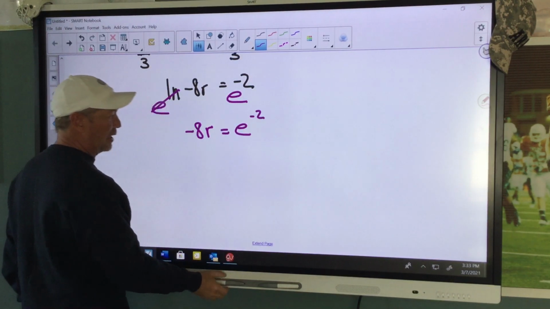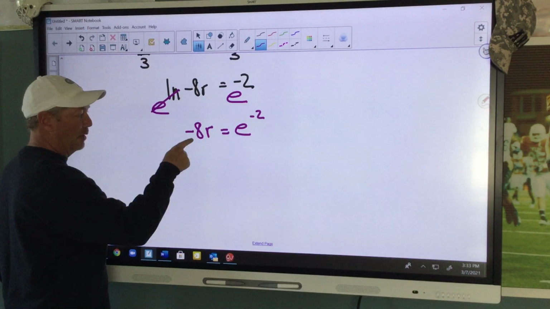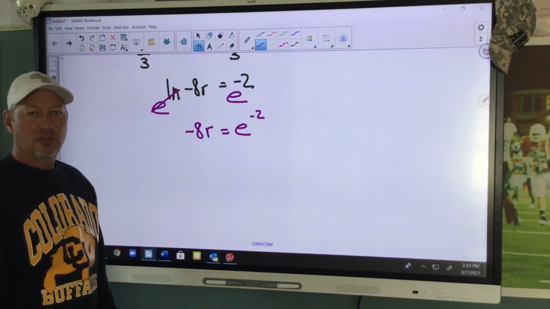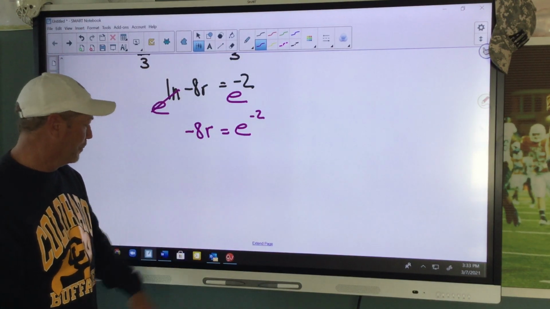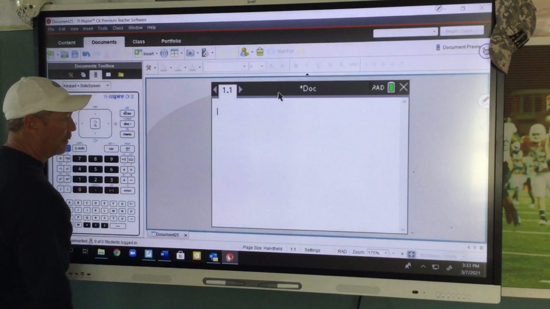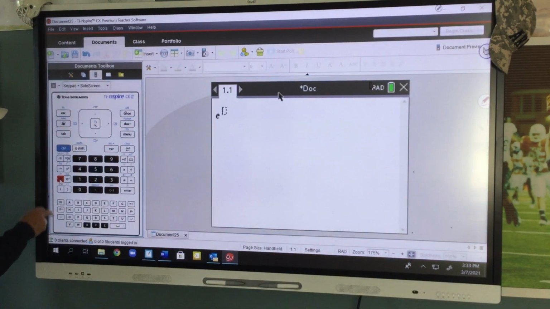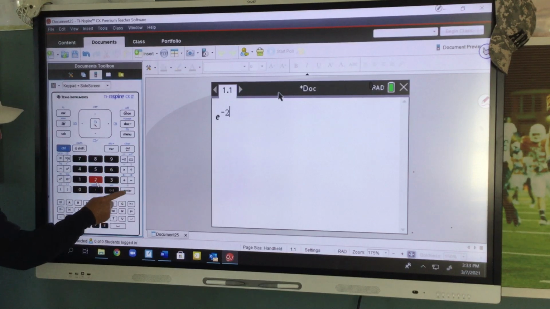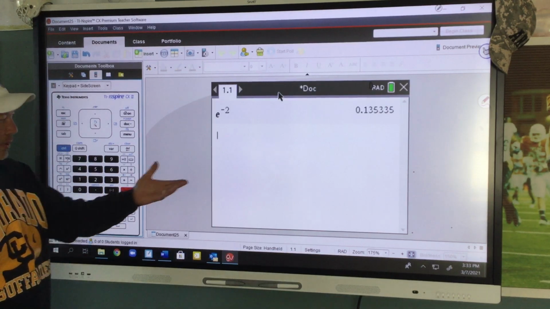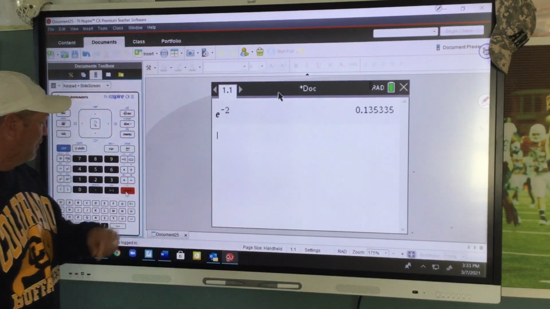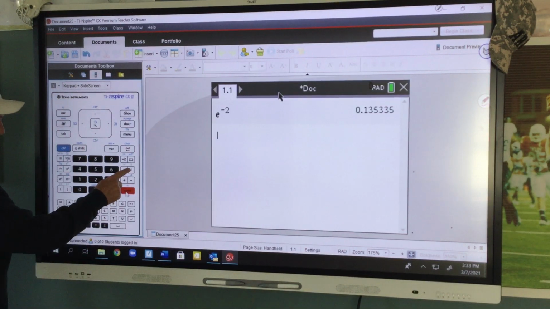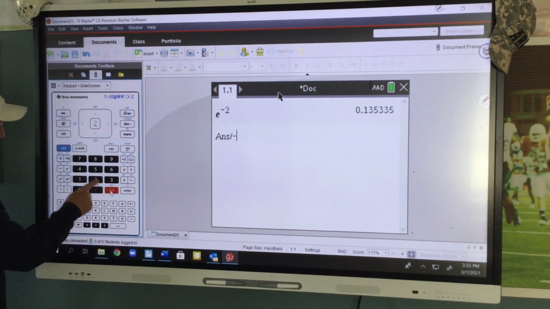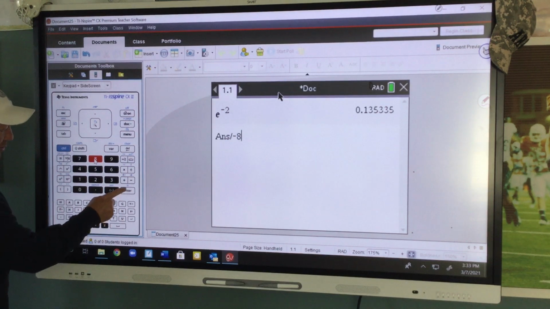So we're going to put this in our calculator, and then we're going to divide by 8 to solve for r. So in our calculator, we're going to say e to the negative 2. We're going to get enter. We get this numeric value, and then we're going to divide by negative 8. And we're going to say enter.